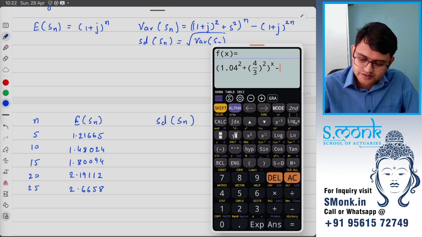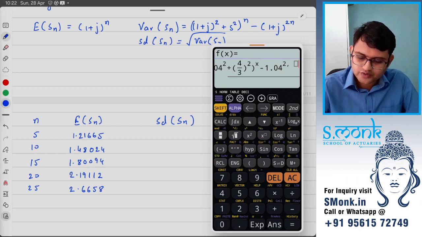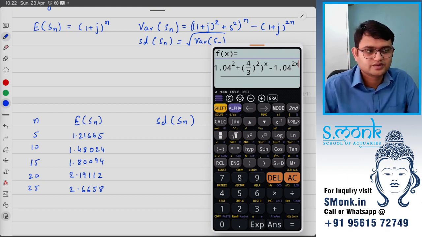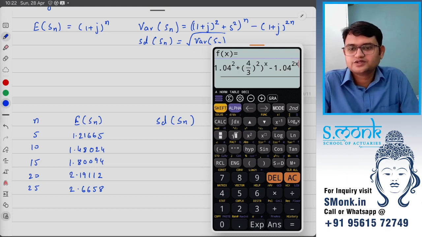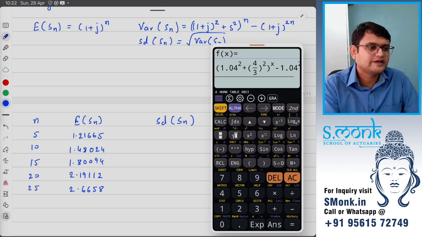And then minus 1.04 raised to 2 alpha x. This is my equation. Tell me any problem here while making the equation.